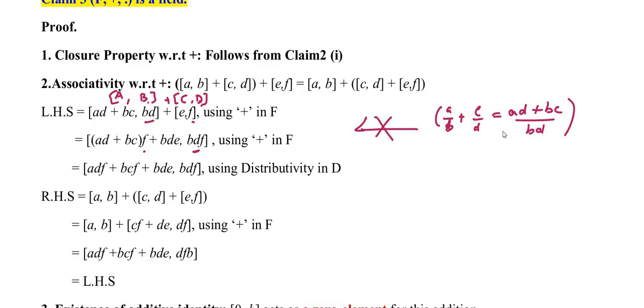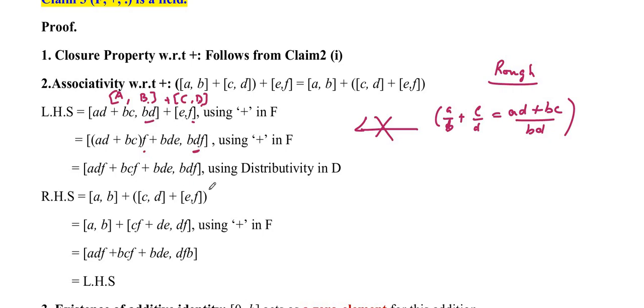For your ease of remembering, this can be used in the rough column, but that should not be brought inside the proof, because this notation is to be written throughout. Now AD plus BC into F plus BDE, AD plus BC, and the second one, as said earlier, there is no problem.